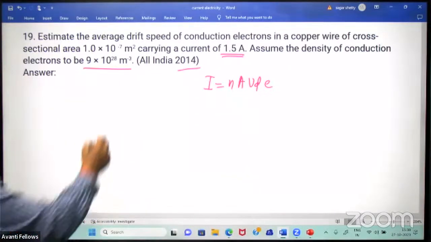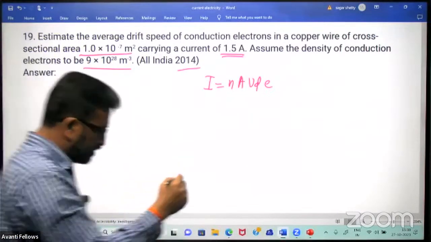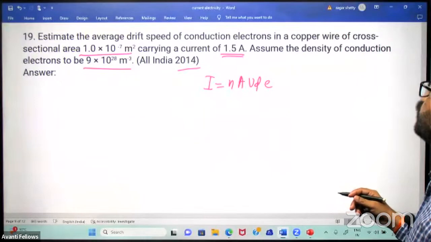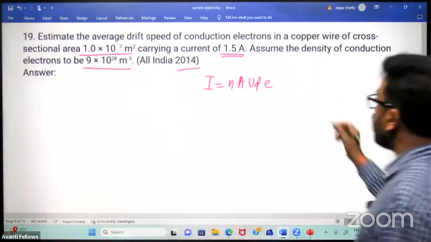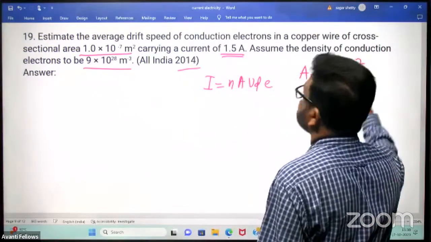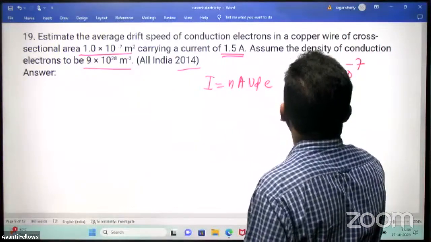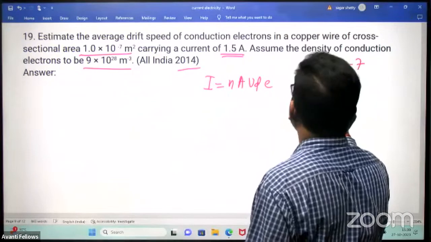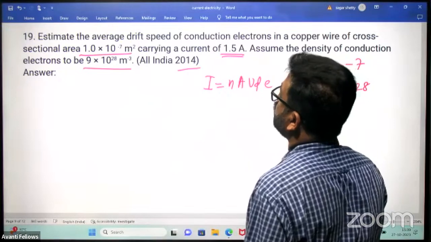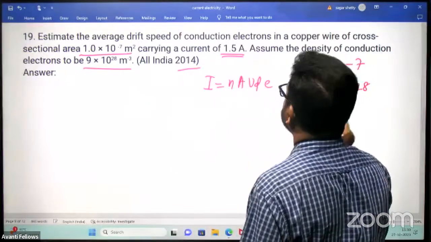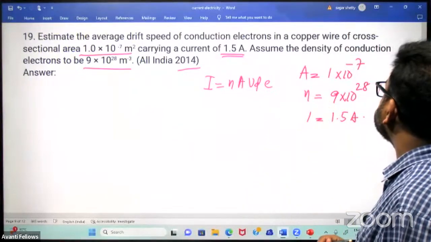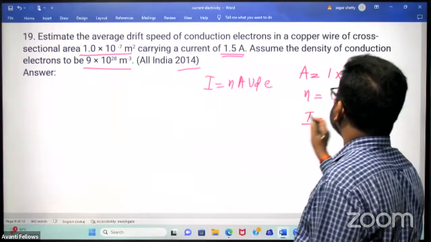Area A here is 1 into 10 power minus 7. We have to find out Vd.